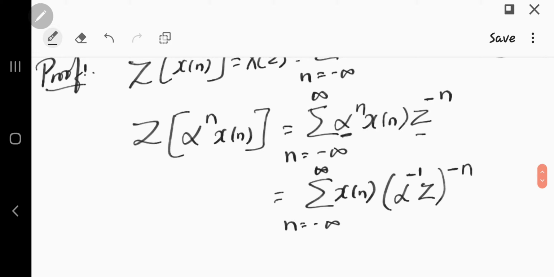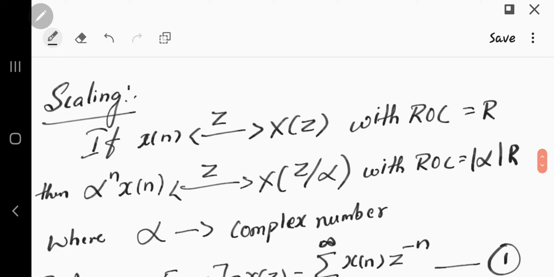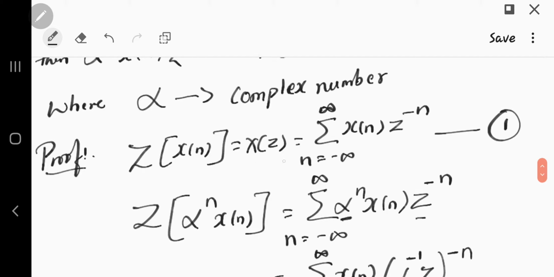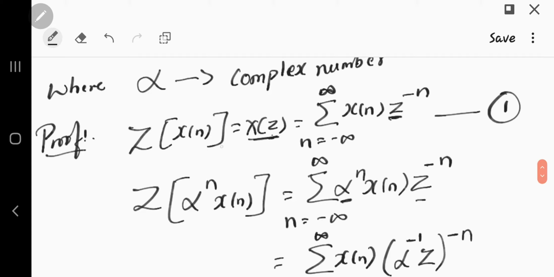Now here you have to observe one thing. Coming to this equation, you can see we have X of z here, so z to the power of minus n is there. This is another way of representing z transform of x of n.